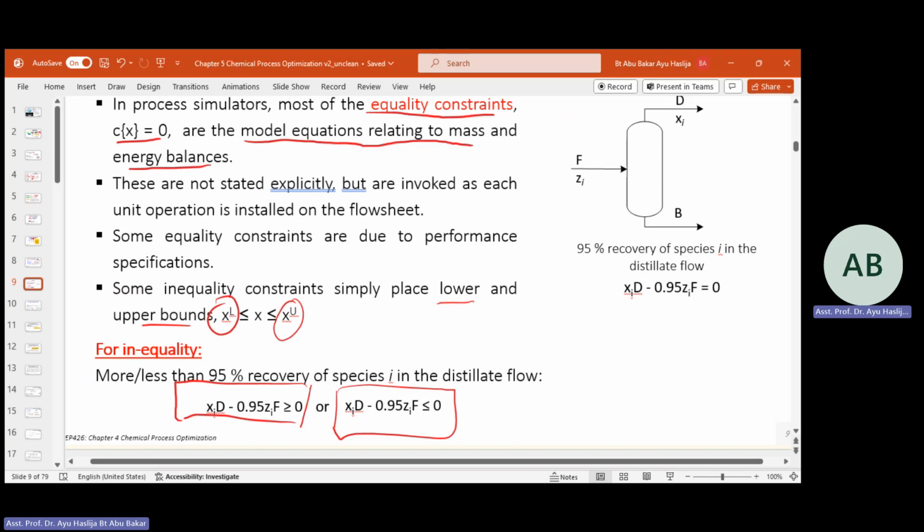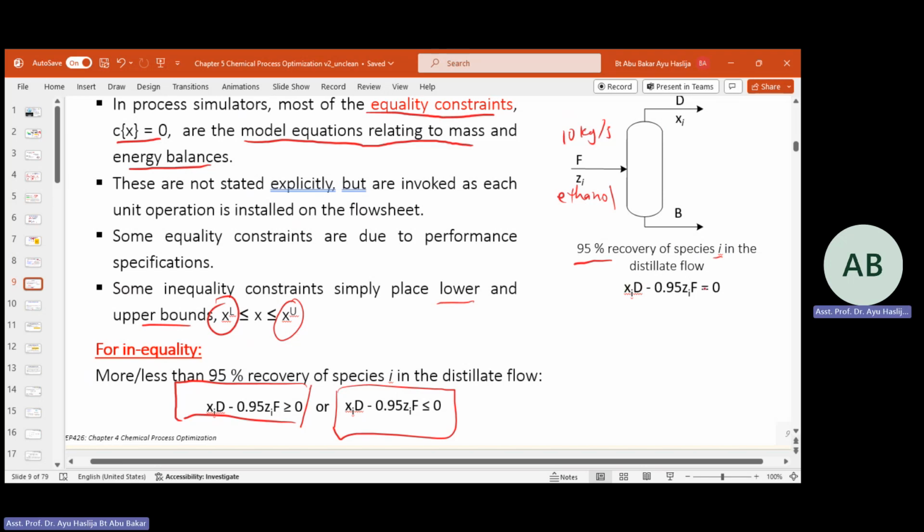For example, we have here F is 10 kg per second. Species I, let's say I is ethanol. Our target is 95% recovery of the I in the distillate flow. So we come out with this equation.